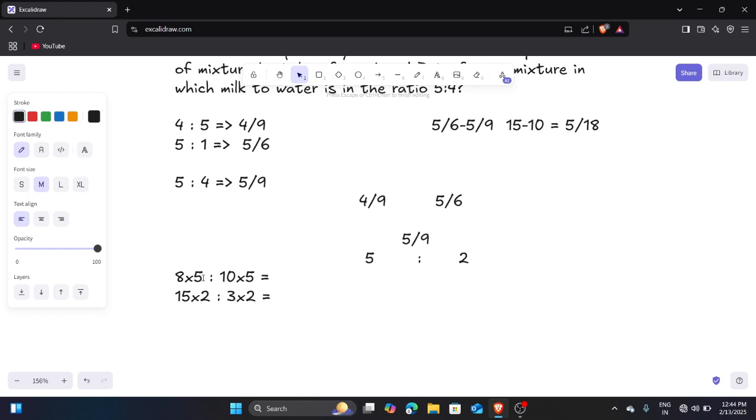So after multiplying by 5, 8 fives are 40. Similarly here 50. Similarly here 30. Similarly here, 3 into 2 is how much? 6. Now we have to add these.